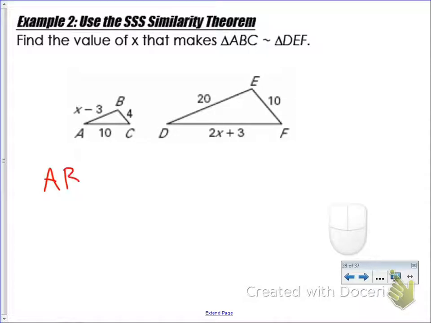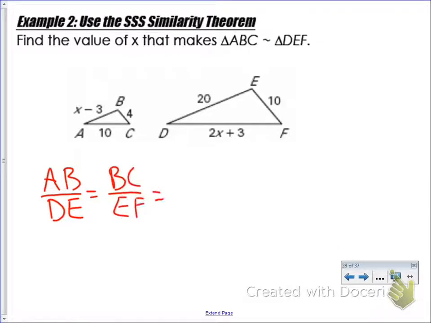AB is going to correspond with DE. BC will correspond with EF. And then lastly, AC will correspond with DF. Now the next step is to substitute the values from my triangles into my statement of proportionality.